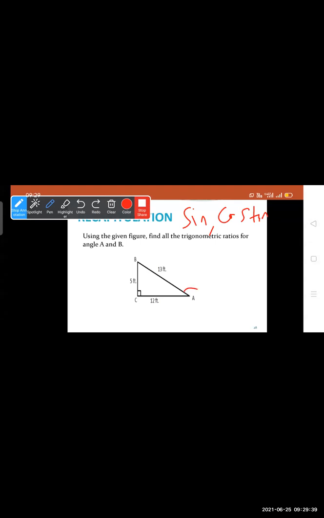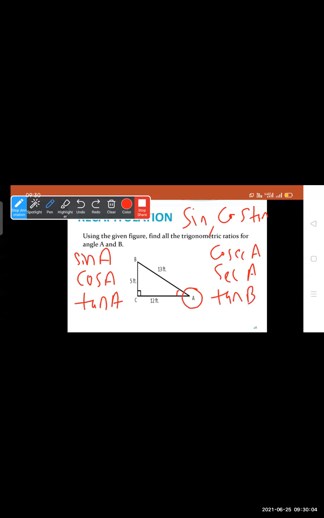First we take A as an acute angle, and we find the trigonometric ratios related to A. That means we find sine A, cos A, tan A. Then we find cosec A, sec A, cot A. And for B, you solve. For angle B, it is homework for you, you solve this. So let's start one by one.